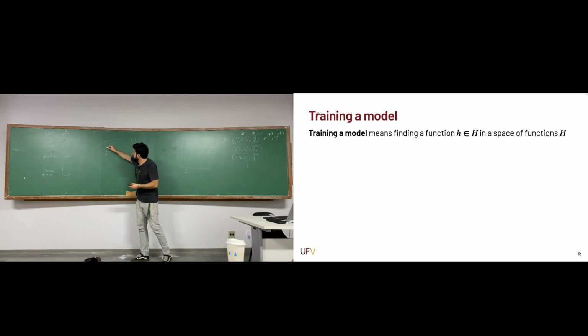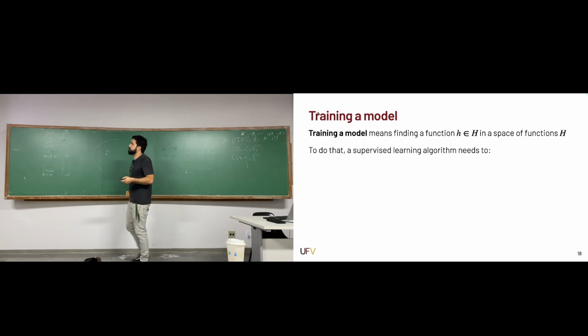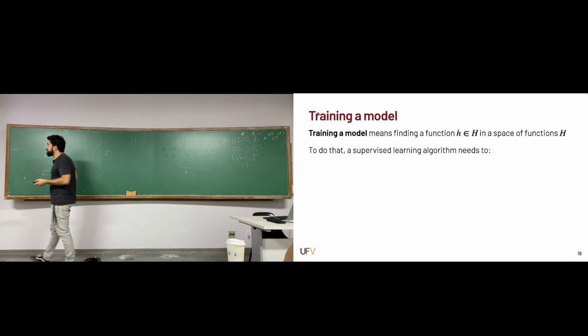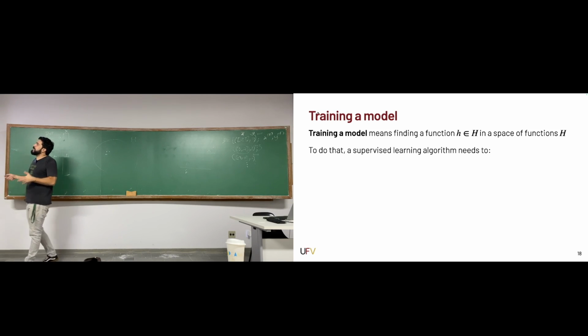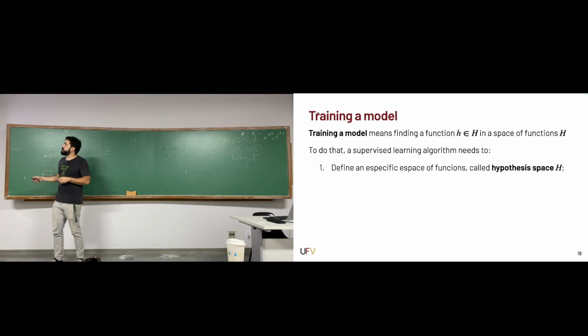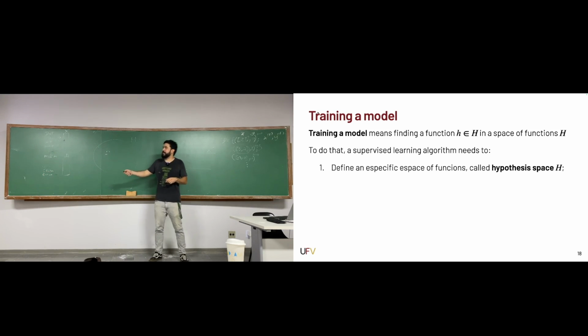And the lowercase h is one particular function there. And we're going to see an example in a minute. So to train a model, any supervised learning algorithm needs to first define this space.